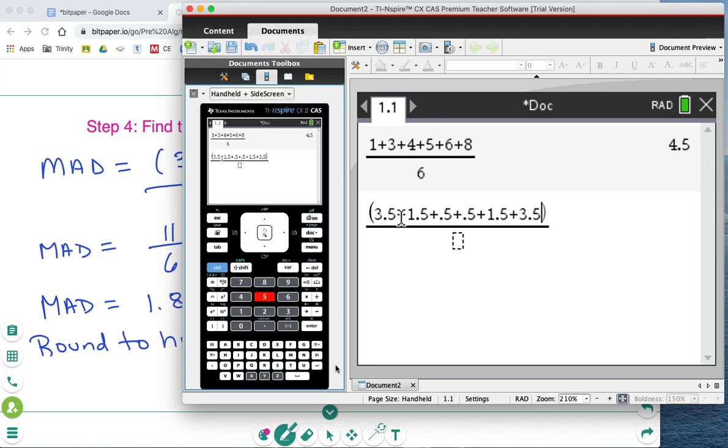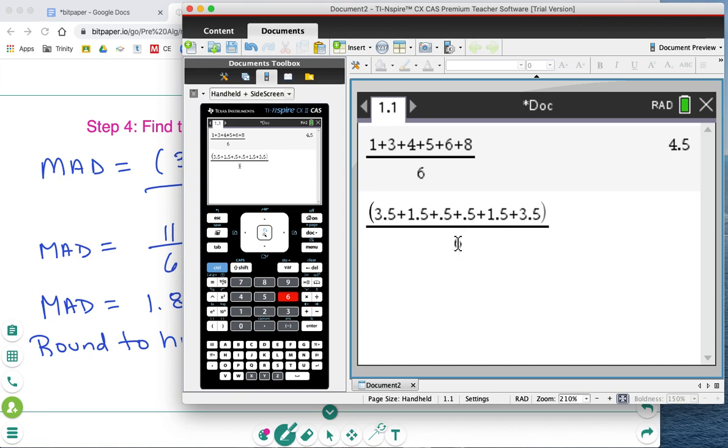So notice that I've put all 6 of my numbers in, and I'm going to divide it by 6. Now it's super important that if you're doing this on the calculator, that you put the parentheses in. And I would strongly recommend that you do it on the calculator because it'll go a lot faster.